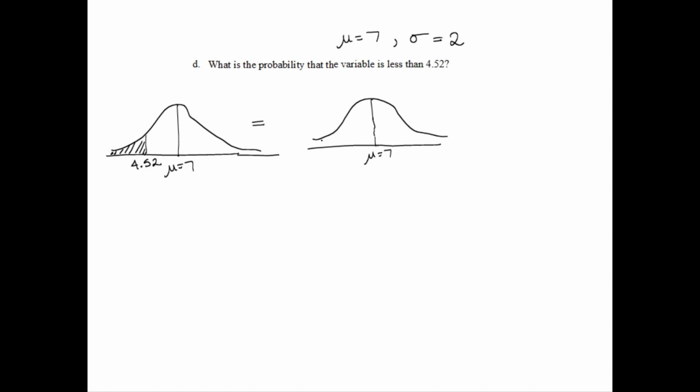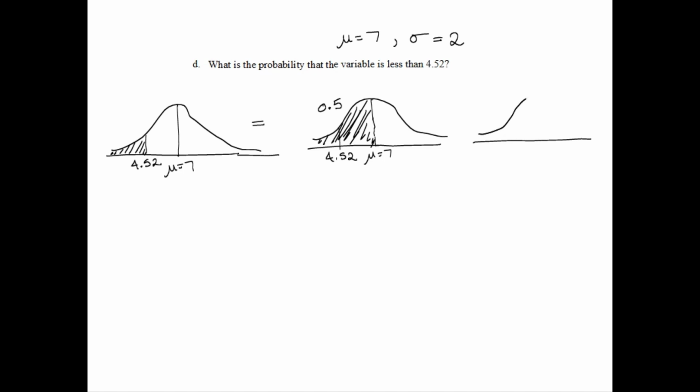Sorry. If I took the left half of this, everything below the mean, how much will that be? Well, the total area under the curve is 1, so this will be 0.5. So if I do that, remember my 4.52 falls in between here somewhere.